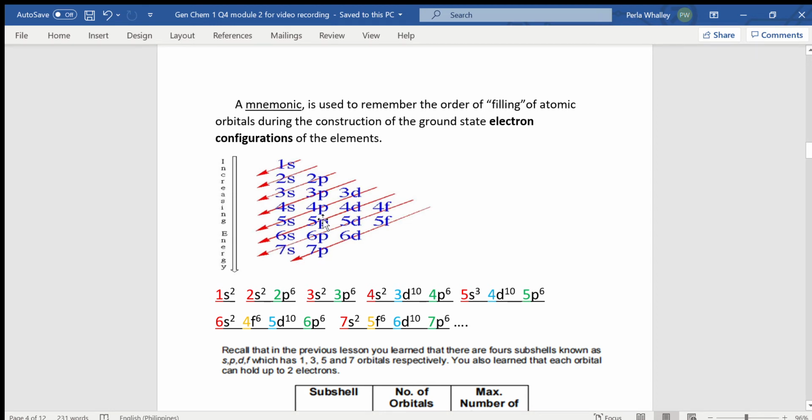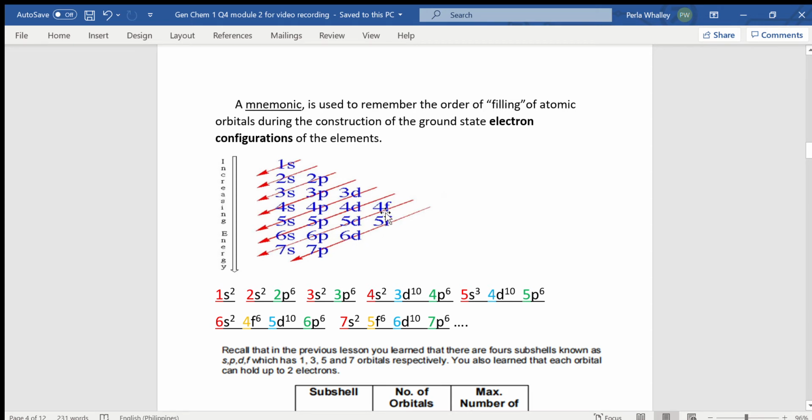On the second column, at the level of number 2, write 2 up to 7. Then write p. On the third column, on the level of the third energy level, write 3, 4, 5, 6. You can write 7, but it will not be used anymore, so 6 would be okay.